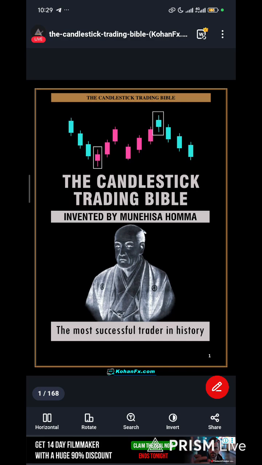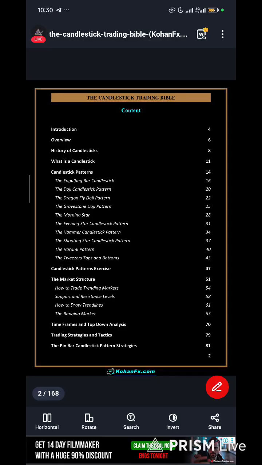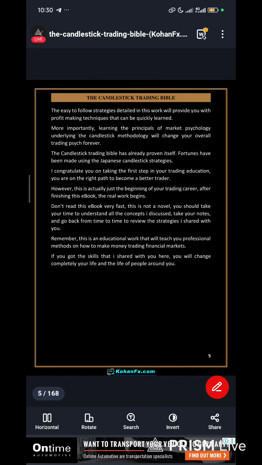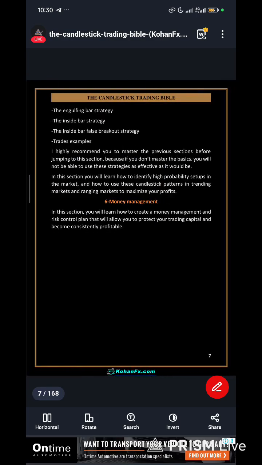So that is the most important aspect of candlesticks. In each candlestick there are 4 key points for a specific time frame: we have the open price, the close price, and the highs and the lows.